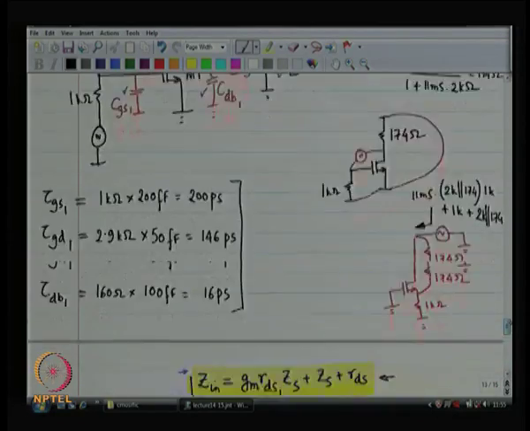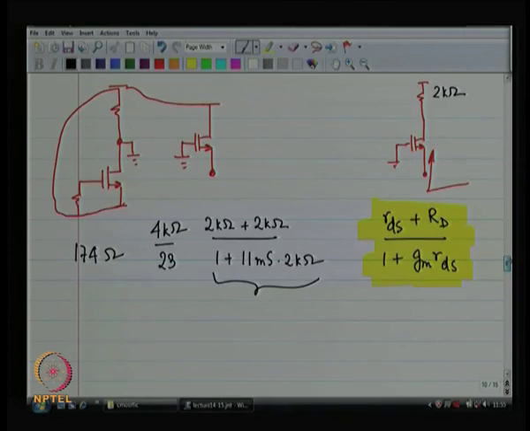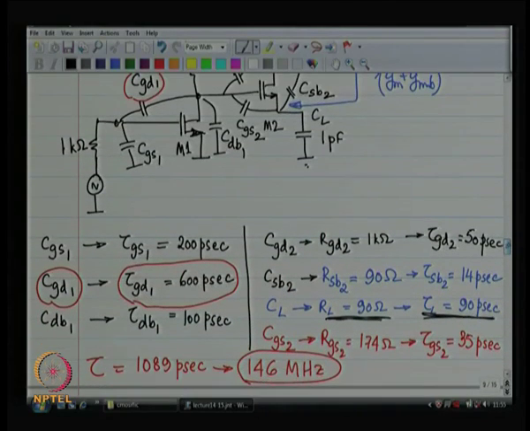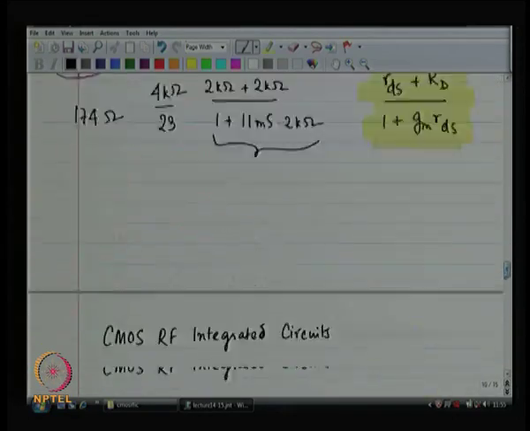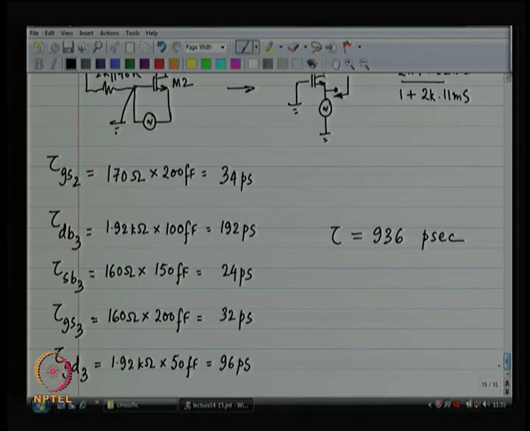So, we do not have a problem, we have done better than the previous case. The previous case was 1089 picoseconds. Now, I have improved, not much, marginally, to 936 picoseconds, which basically gives me a 1.07 gigaradians per second bandwidth, and converting that to hertz, I get 170 megahertz.